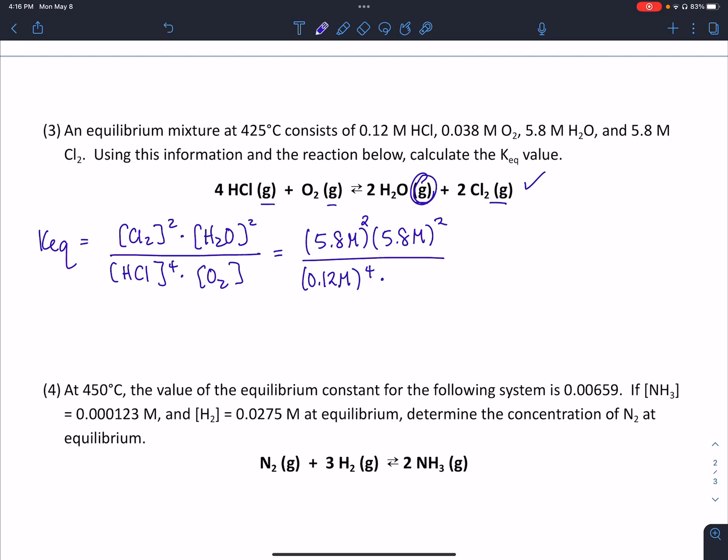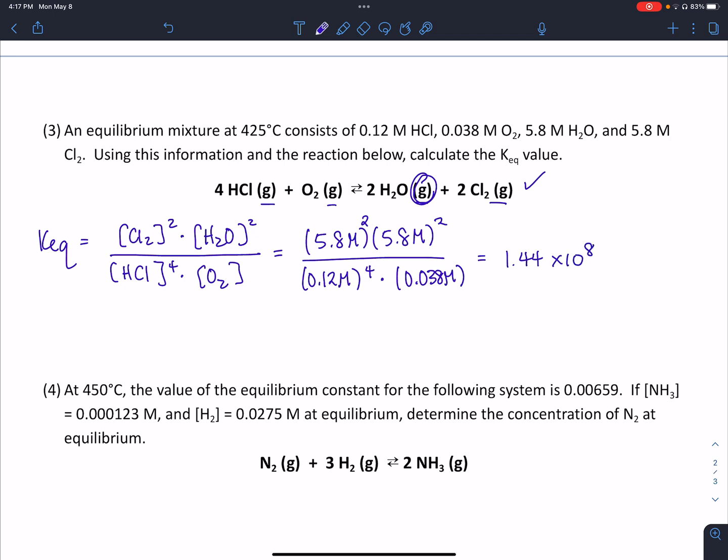Raise that to the fourth power, and then the concentration of O2, which is 0.038 molar. Now you have to be friends with the calculator. You got to find that caret so that you can take this one on the bottom to the power of 4. But in the end, you should get 1.44 times 10 to the 8th as our KEQ value.